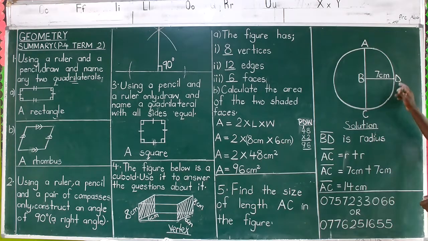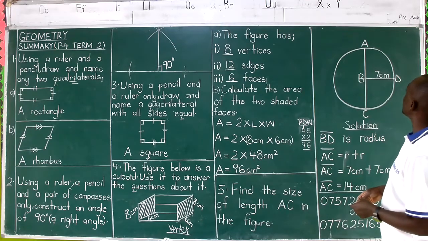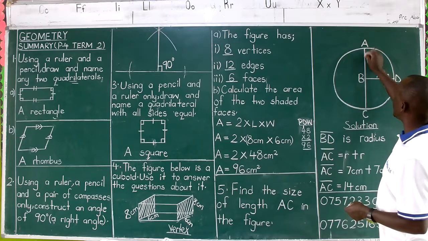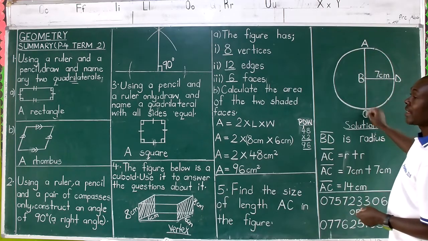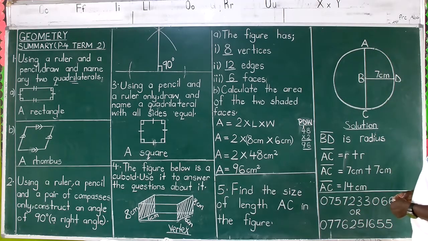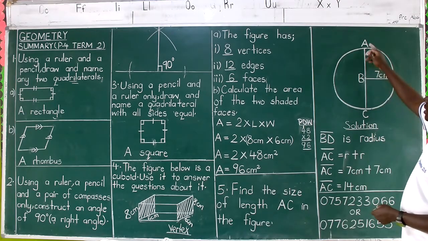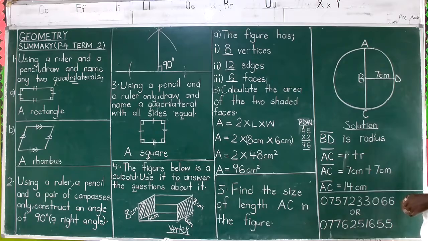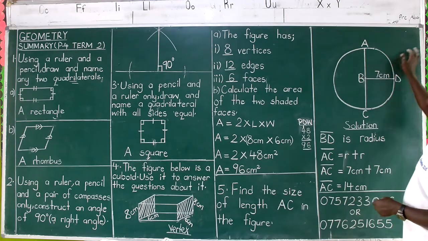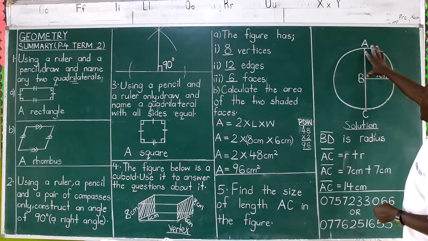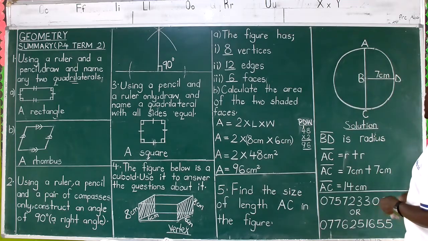So line BD is a radius. Then a line drawn from the circumference or from the wall of the circle through the center to the other opposite wall is called diameter. So line AC or ABC is called a diameter, and we said 2 radii, 2 radiuses, if you wanted to mention it that way, make 1 diameter.